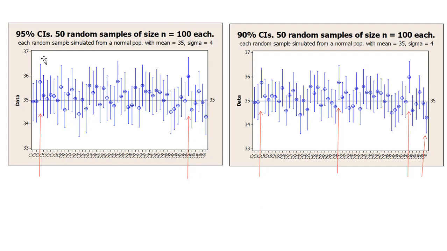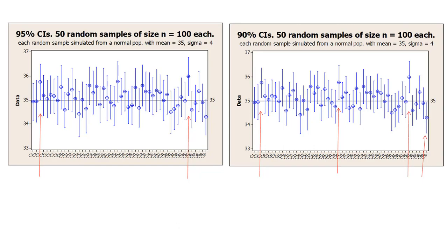When I say most, that is referring to the confidence level. We said that confidence refers to the proportion of random samples whose confidence intervals are expected to contain the population mean.